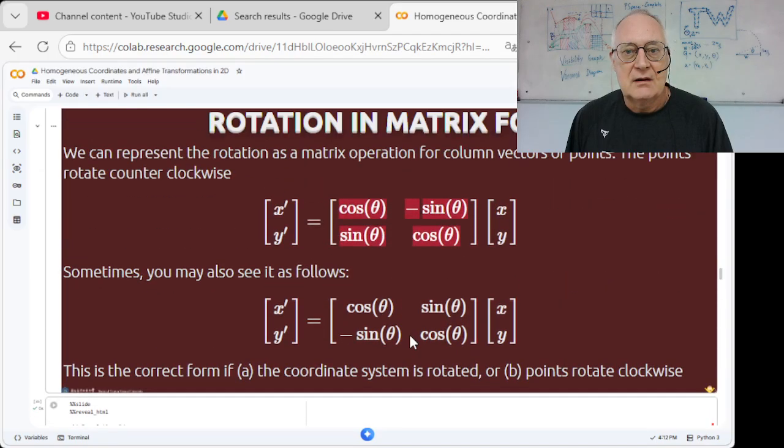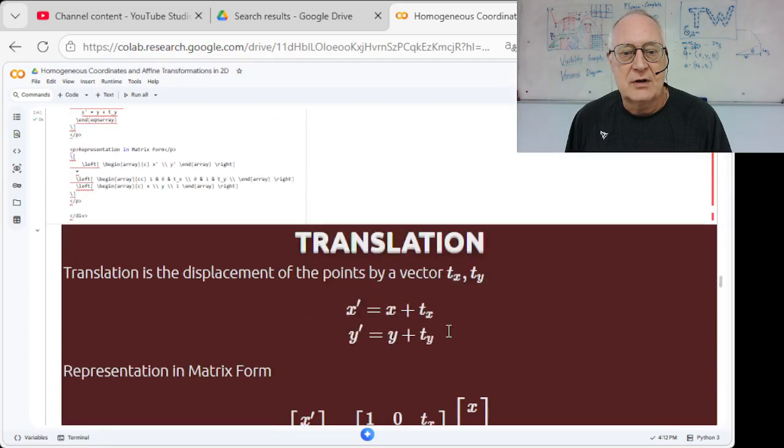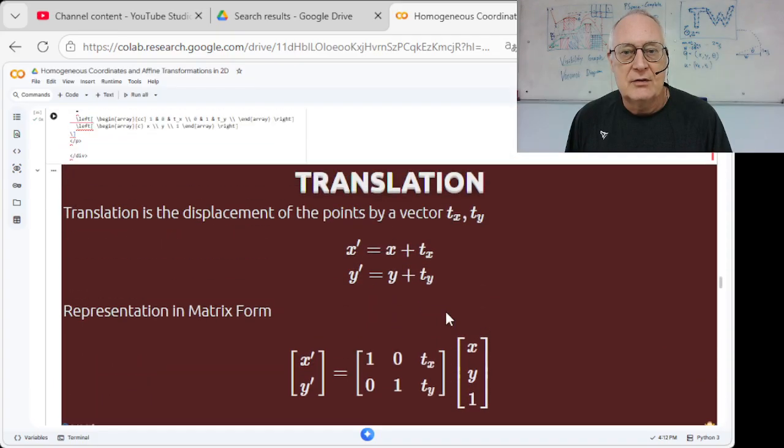Now here we can convert a rotation around the origin into matrix form. If you try to do that with a translation, then you end up in trouble because you need to have a constant term here.